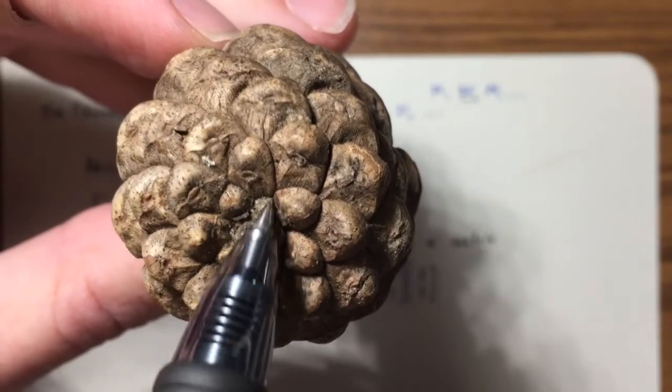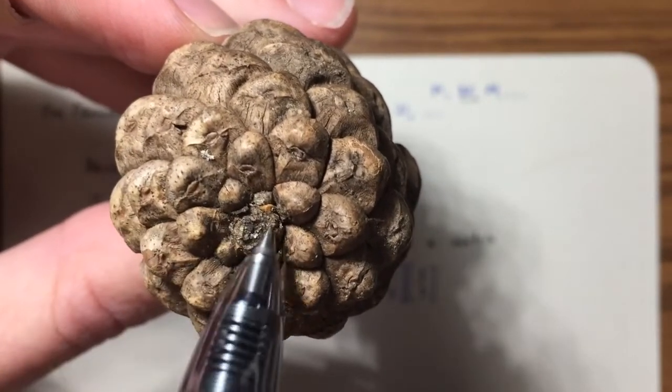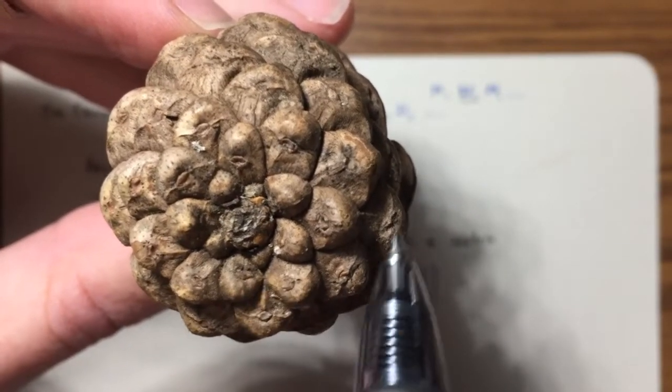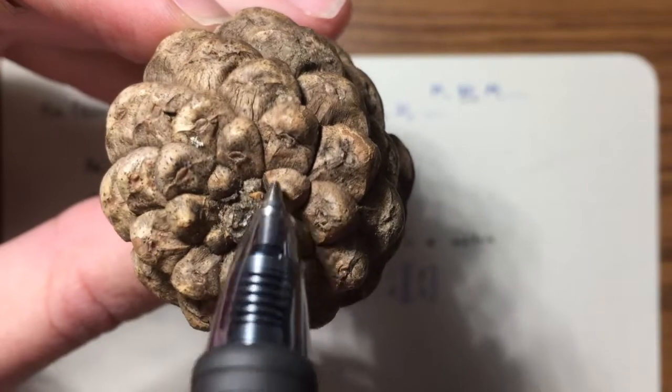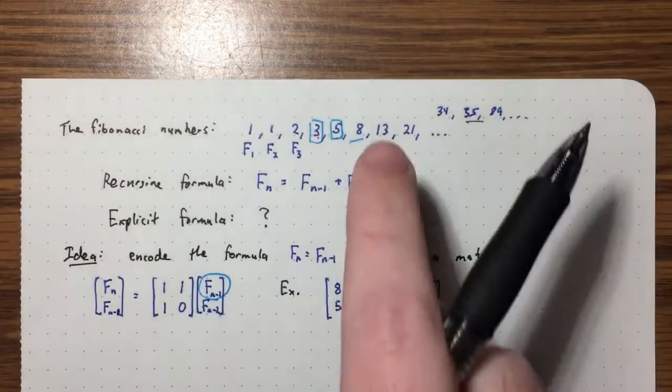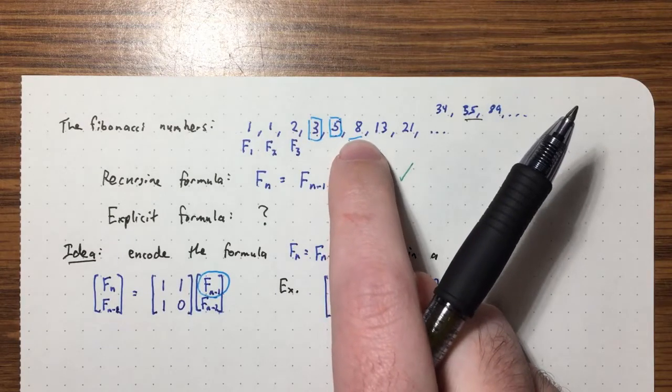Okay, so there are 8 spirals. Again, 1, 2, 3, 4, 5, 6, 7, 8. And 8 is the next Fibonacci number.